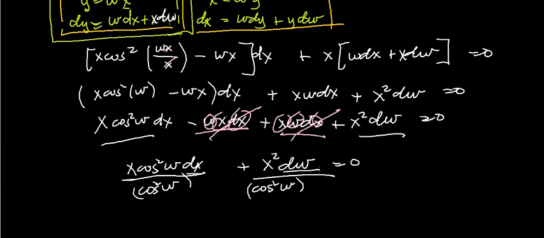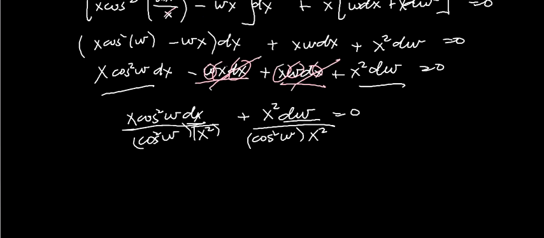Since we have dw here, we need to cancel this, so let's divide by x squared. Since we've divided this by x squared, we need to do the same on the other side. So let's now proceed to the cancellation. We can cancel out this and cancel out x squared.